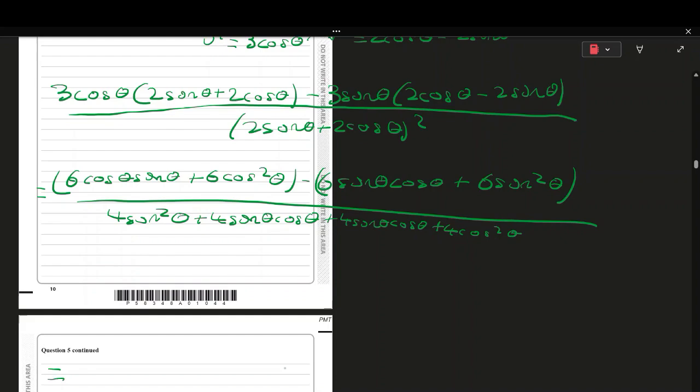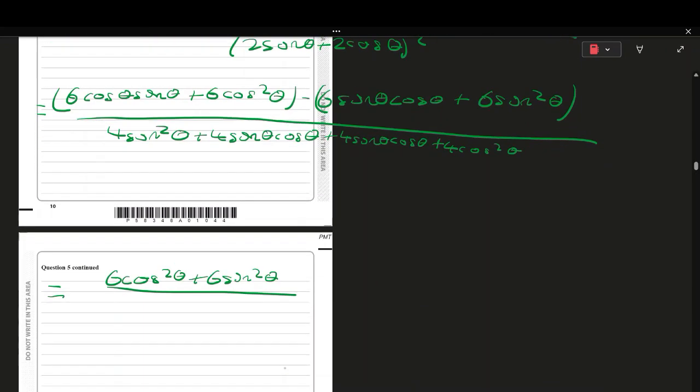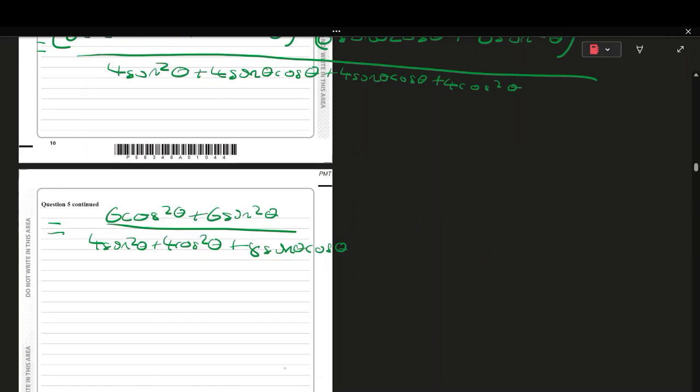So it just leaves the top with 6 cos squared theta plus 6 sine squared theta over 4 sine squared theta plus 4 cos squared theta plus 8 sine theta cos theta. 8 sine theta cos theta is the same as 4 sine 2 theta because of the rule. And another rule is cos squared theta plus sine squared theta is equal to 1.